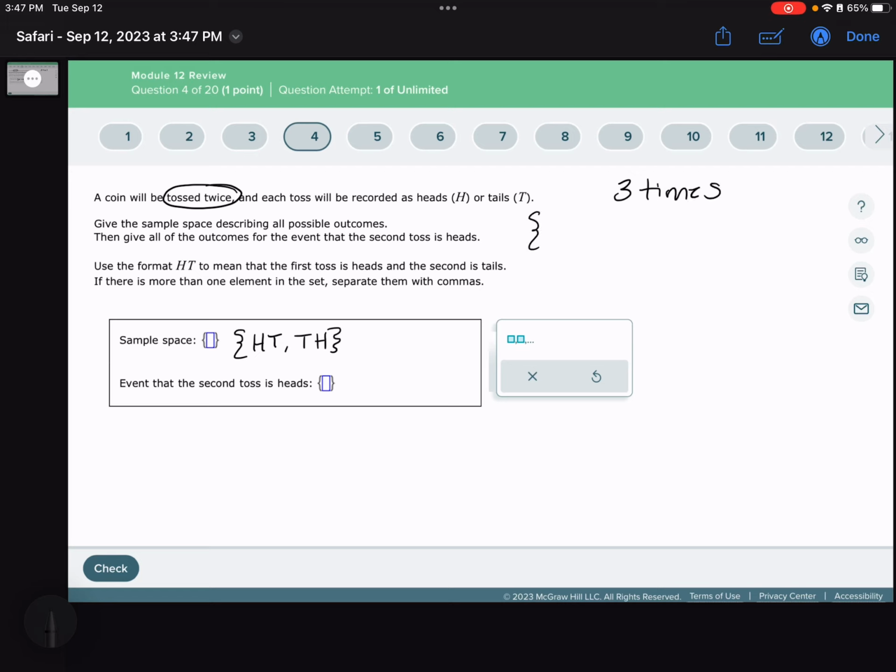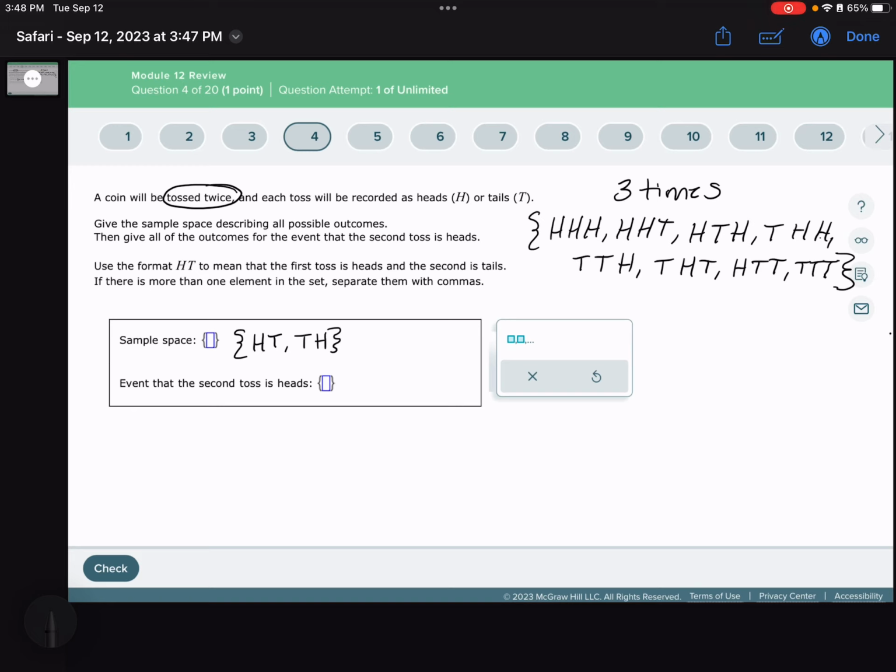And in that case, you would have something like heads, heads, heads, heads, heads, tails, heads, tails, heads, tails, heads, heads, tails, tails, heads, tails, heads, tails, heads, tails, tails, or 3 tails. So that might be what you have. If you have 3 times, you could do 4 times, but then you get even more options.